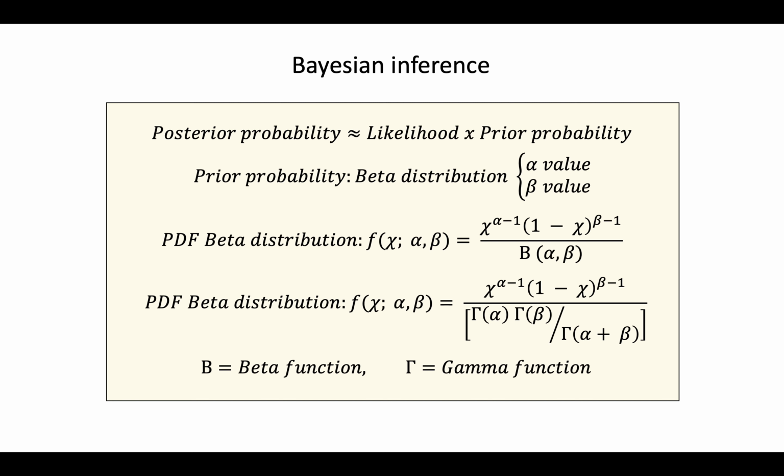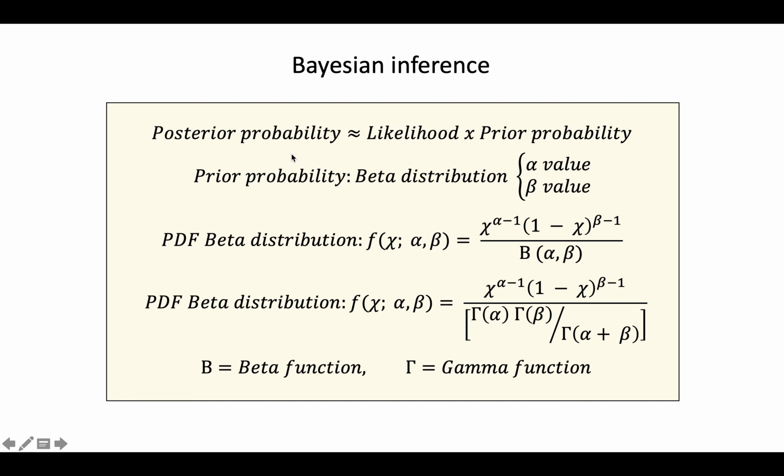Some of you may know that the Bayesian inference is based on two probabilities, which are called the posterior probability and the prior probability. So the prior probability is based on the knowledge that we got of the distribution, or at least the theoretical knowledge, and then the posterior probability is based on the actual data that we have obtained.